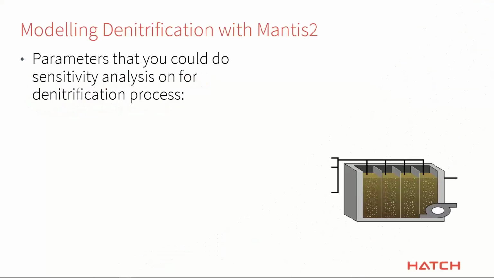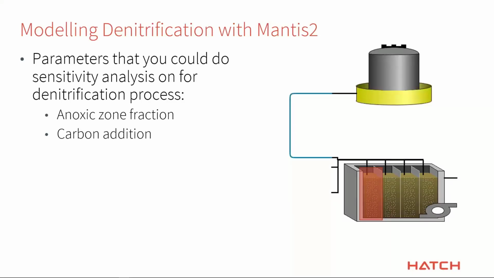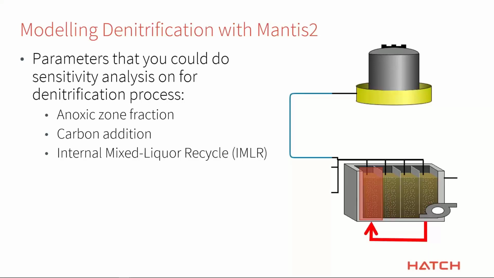So just kind of winding up some of those thoughts about using very simple one parameter sensitivity analysis on your denitrification process. We did it here for anoxic zone fraction, and we did it for carbon addition. You could do it on that internal mixed liquor recycle value, and see how high you want to be able to go with that, or what is a good value to use there.